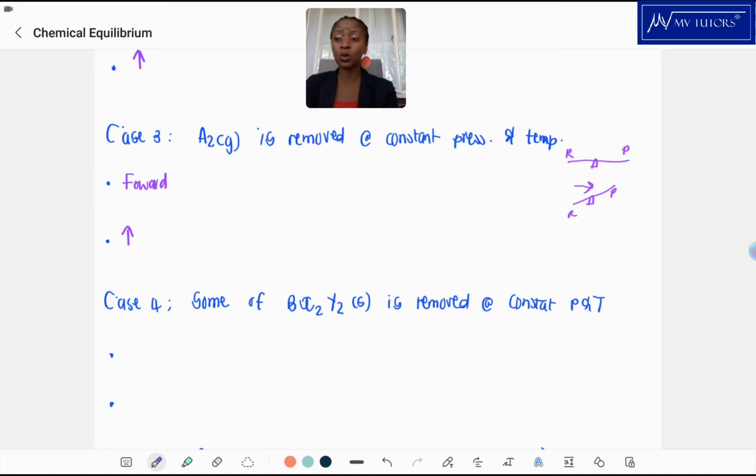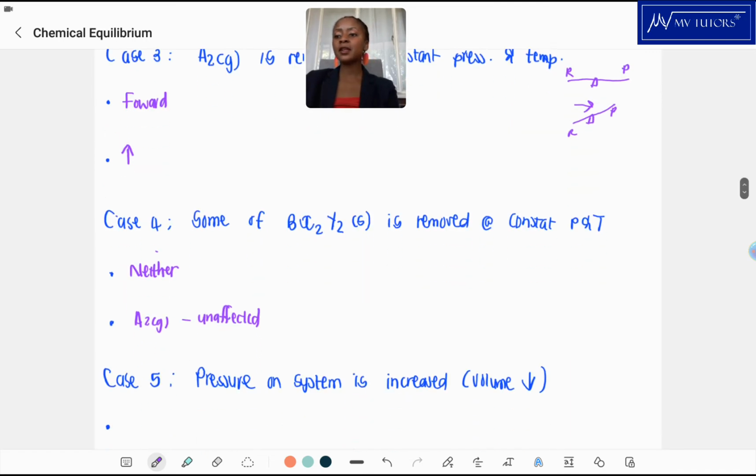So is it forward or reverse favored? Well, none. It doesn't affect it. The yield of A2 is unchanged. It is neither forward nor reverse favored, and A2, the gas, is unaffected, so it won't change.